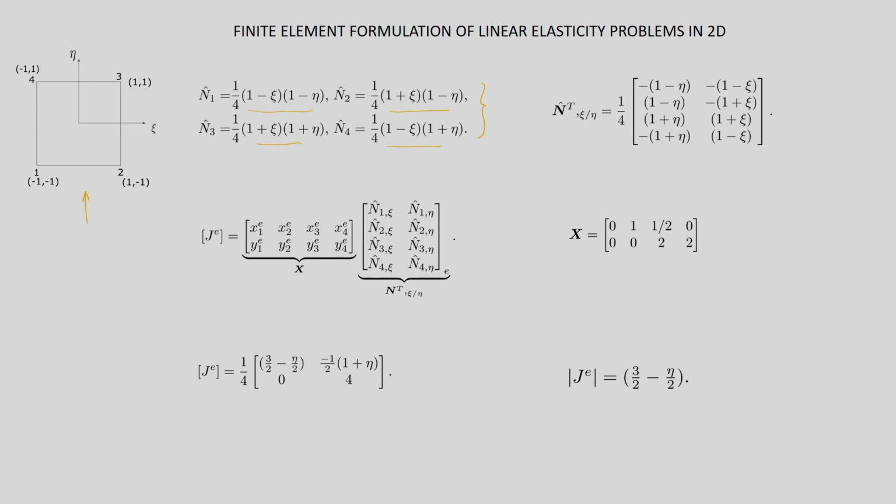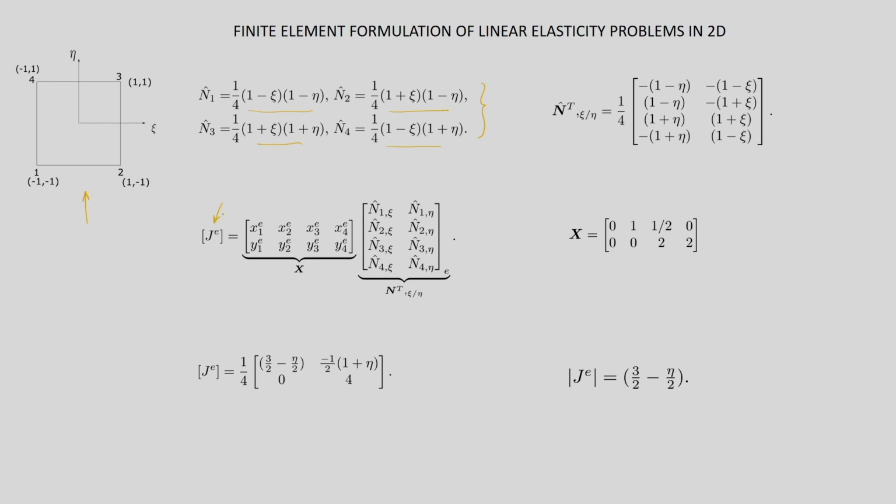Then how do we calculate the correspondence between the derivatives in the master element and the derivatives of the shape function in the physical element? For that we need the Jacobian matrix. For the Jacobian matrix, we have already seen that it is the coordinate matrix multiplied by the derivatives of the shape function matrix.